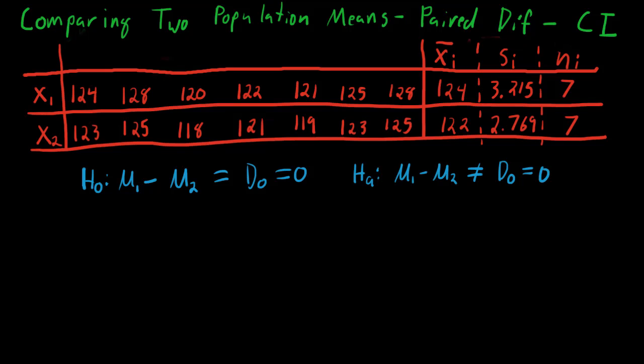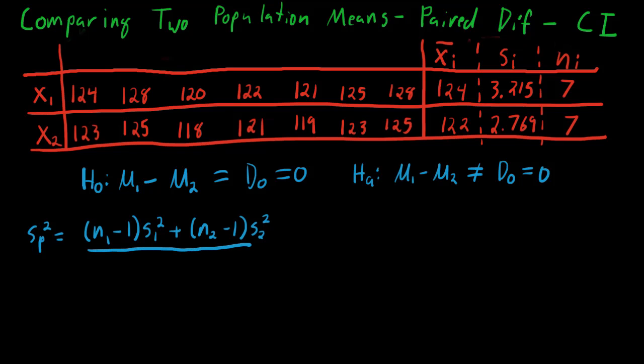To conduct this hypothesis test, we know that we're first going to need to calculate sp squared, so we're going to do that up front. We have sp squared equal to n1 minus 1 times s1 squared, plus n2 minus 1 times s2 squared, all over n1 plus n2 minus 2.